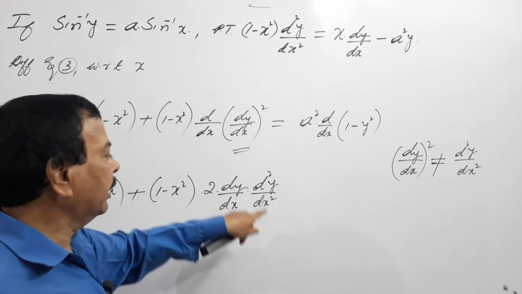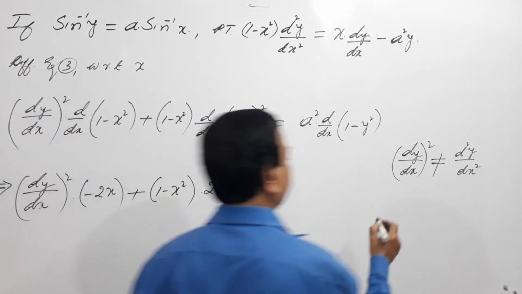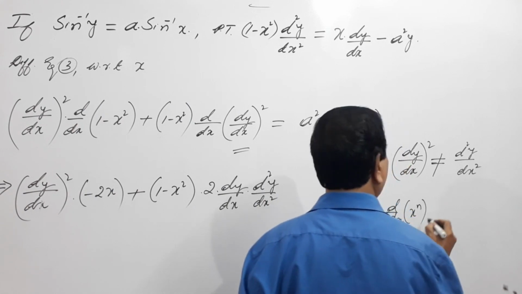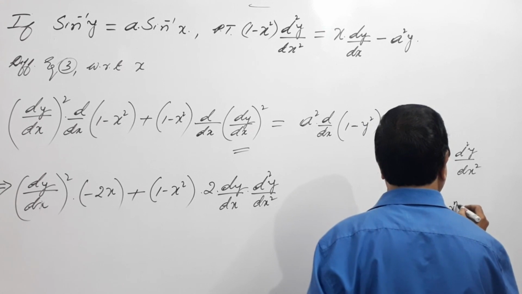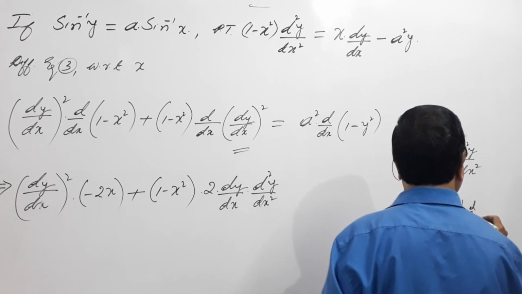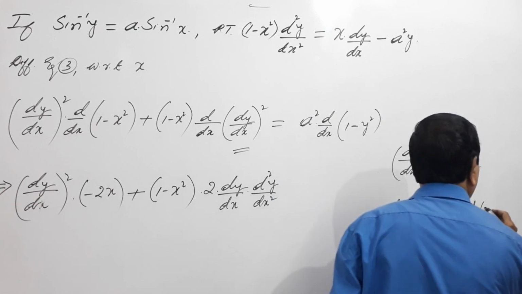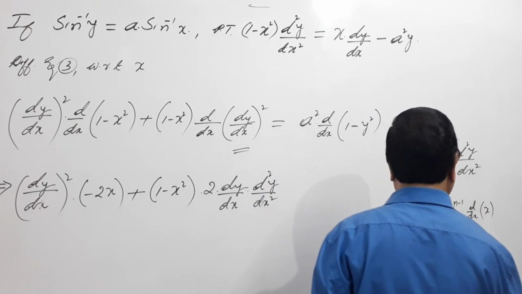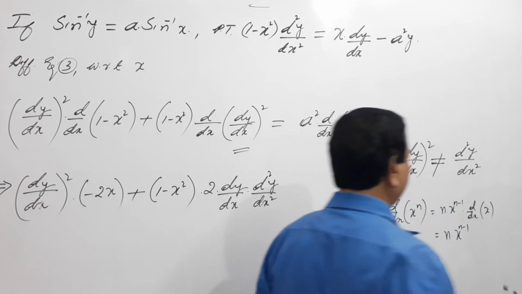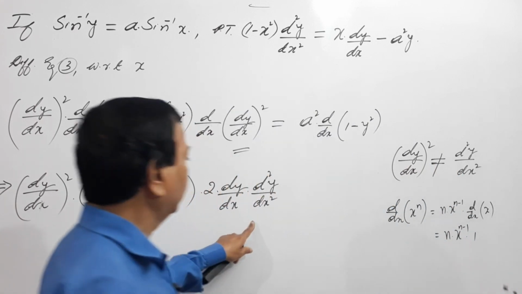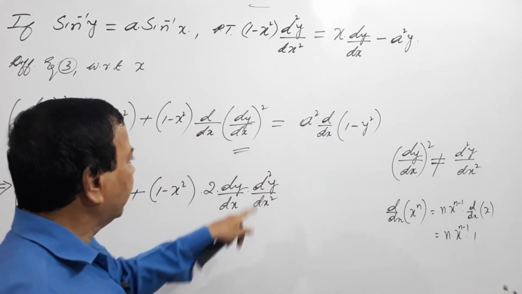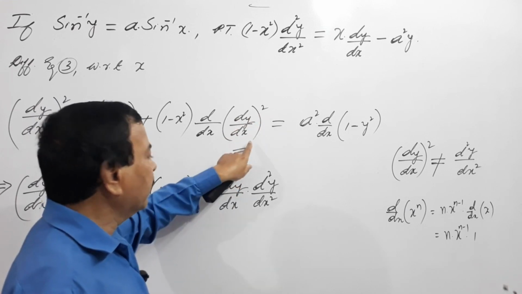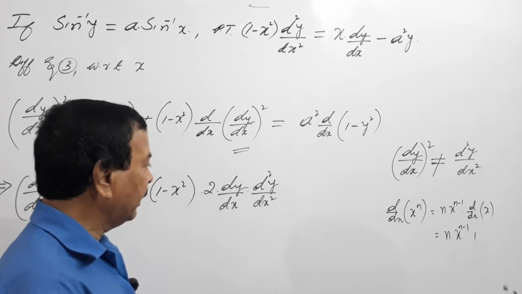So we are going to differentiate the inner function. Here this is of what? d by dx of x to the power of n is nothing but n into x to the power of n minus 1, and d by dx of x is 1, so that is ignored. So that becomes finally n into x to the power of n minus 1 into 1. So here also same case. But here what happens? 2 into, that is n into dy by dx into differentiation of dy by dx becomes d square y by dx square.